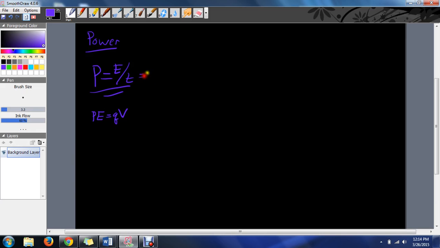Such that power is charge times voltage over time. Charge over time, you recall, is the definition of current, right? So power is current times voltage. So that is the big equation to remember.